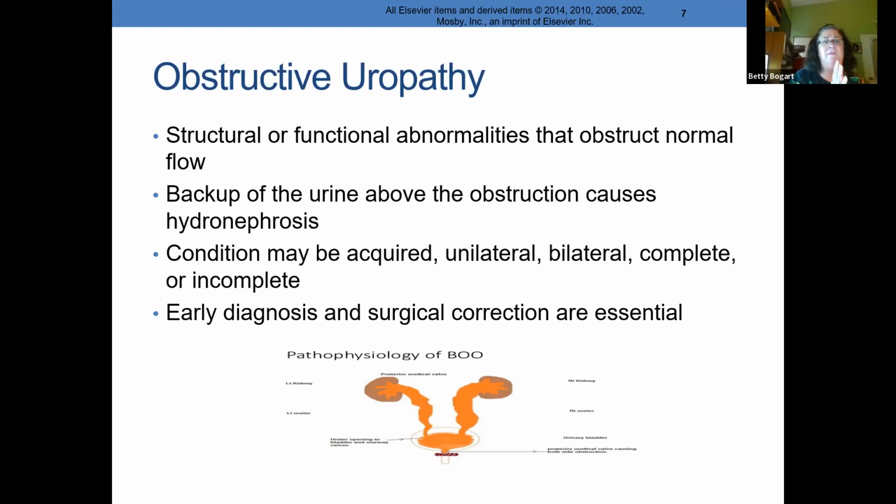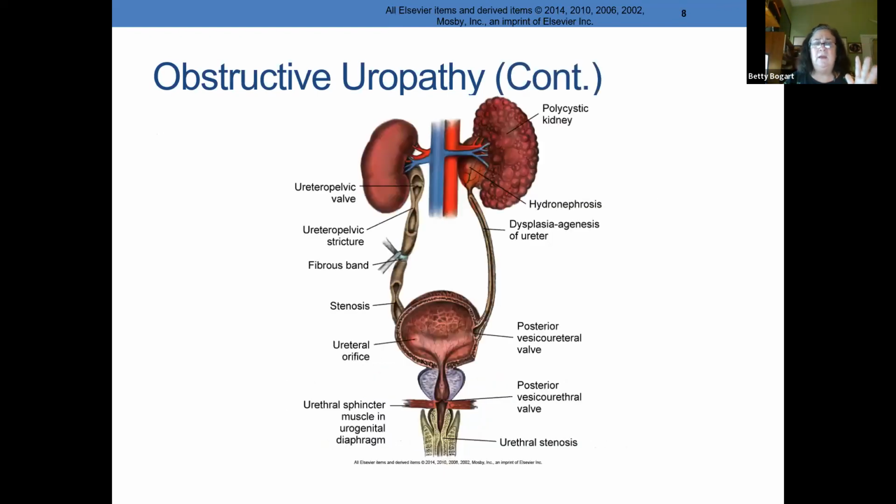Sometimes the ureters are obstructed, and it could be anywhere in there. So if it's vesicoureteral, it could be the vesicle, the bladder, and the ureters. Is it one side, both sides? These things can occur. And when we look at urinary tract infections, and we're getting a lot of them, we're going to think obstruction somewhere, something's going on.